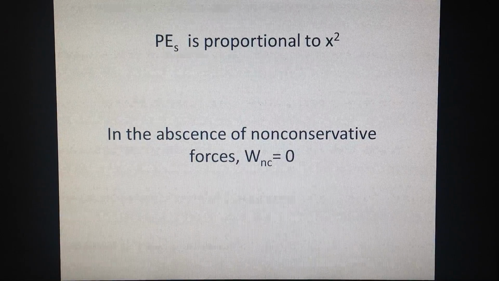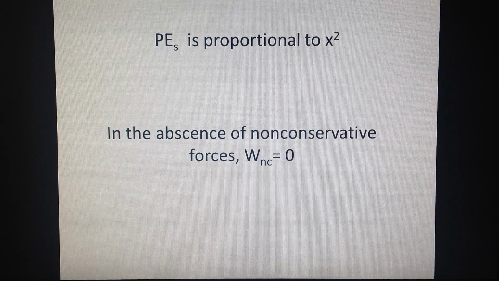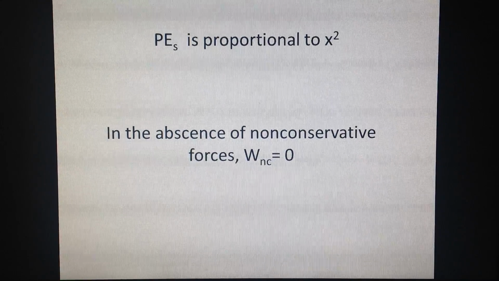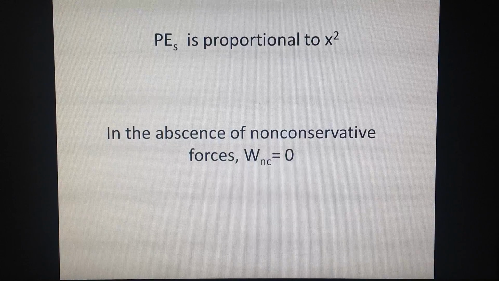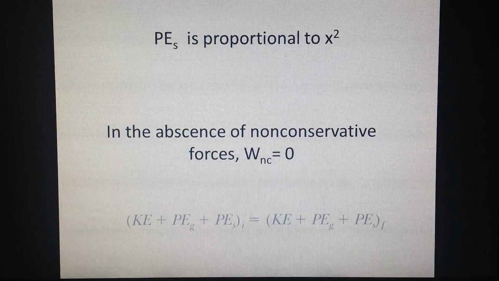In the absence of non-conservative forces, Wnc is equal to 0, so the left-hand side of the work energy theorem is 0, and an extended form of the conservation of mechanical energy results in the following equation.